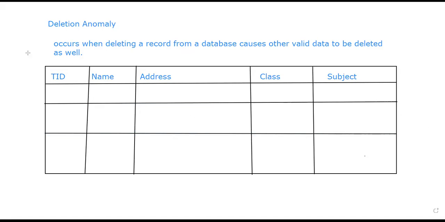Let us say the teacher's ID is 112, and the name is Sunil. The address is number 13 King Street, Mathari.